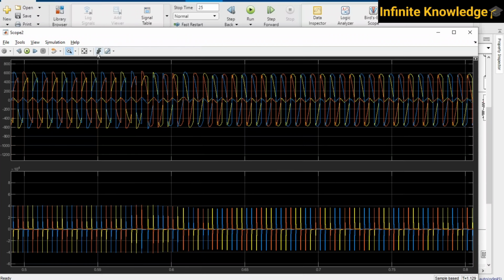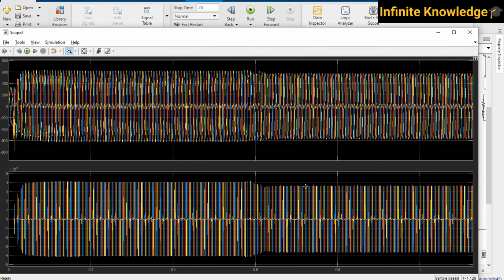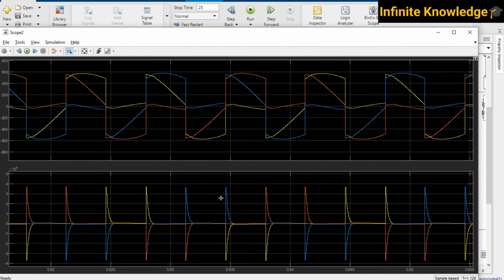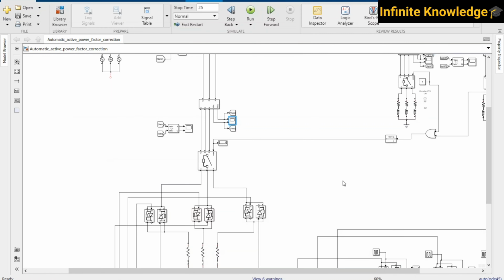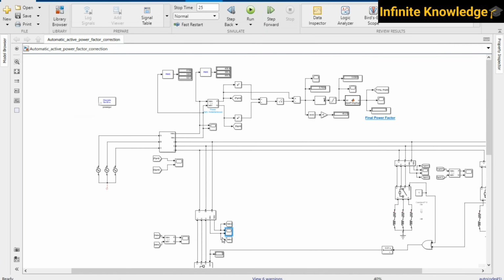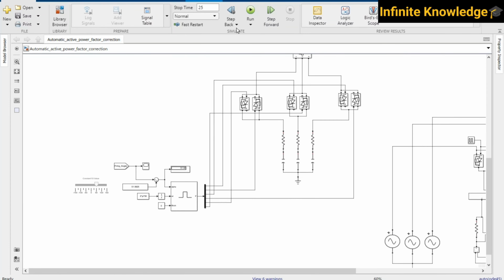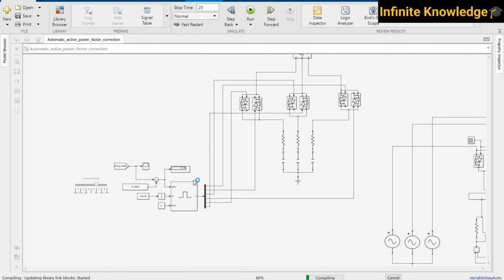But what I have done is increase the angle, so the pulse width is reduced. That's why it is unable to feed a sufficient amount of power to your load. So again I randomly increase this value and we'll check.